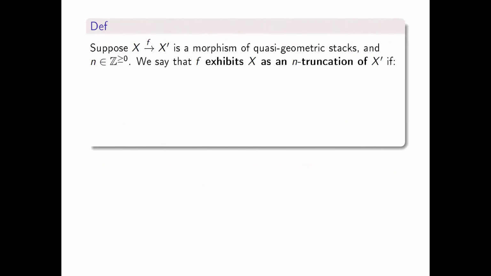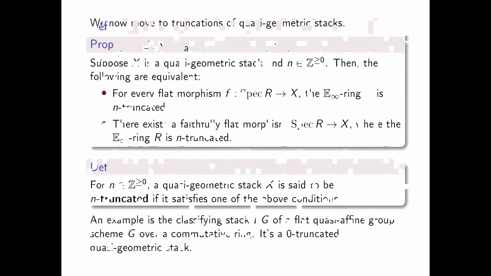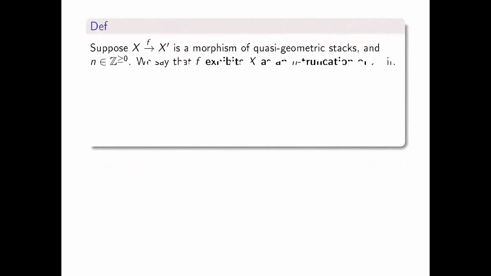Okay. So now we'll see what it means for a morphism to exhibit something as an n-truncation of the target. We start off with a morphism F from X to X dash of quasi-geometric stacks and a positive integer n.